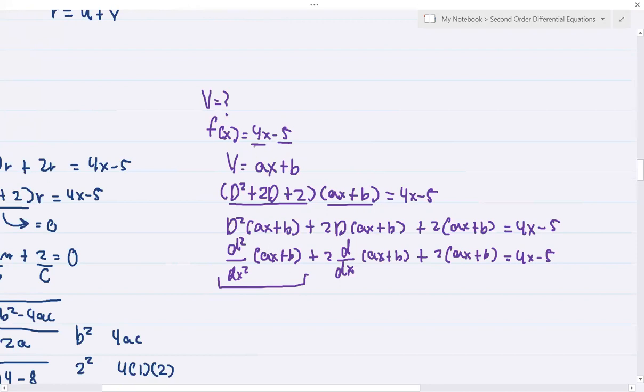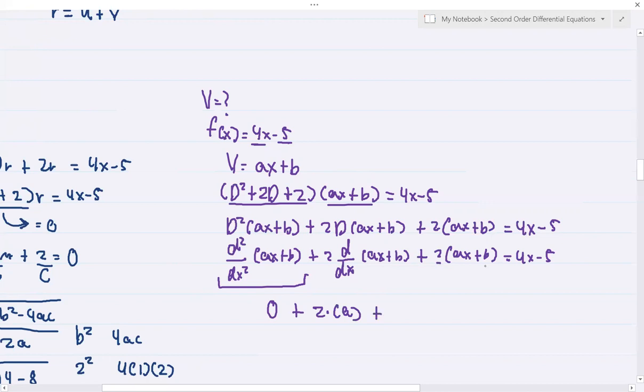Remember, since I changed the numbers into letters, 4 to a and negative 5 to b, your a and your b are still constants. So the second derivative of ax plus b is 0, plus 2 times the derivative of ax plus b, which is basically a.